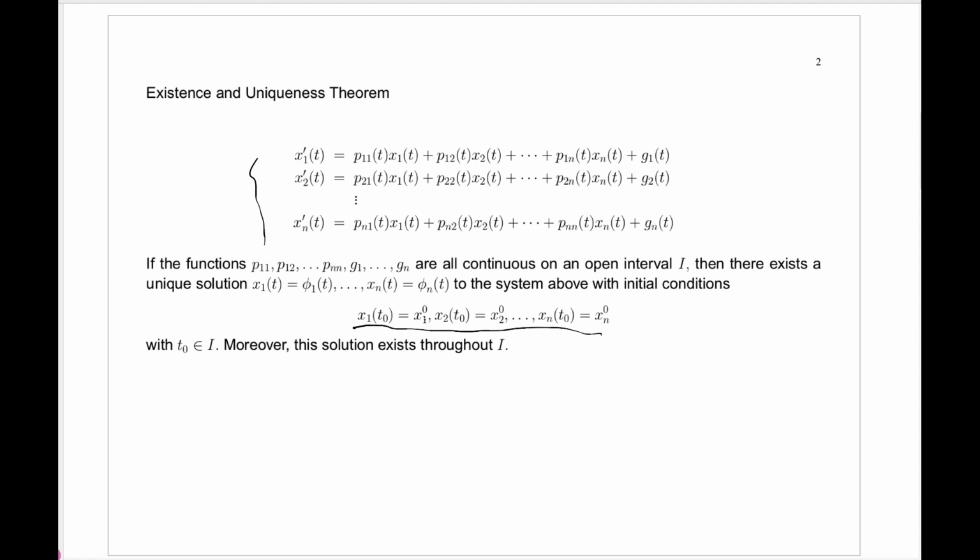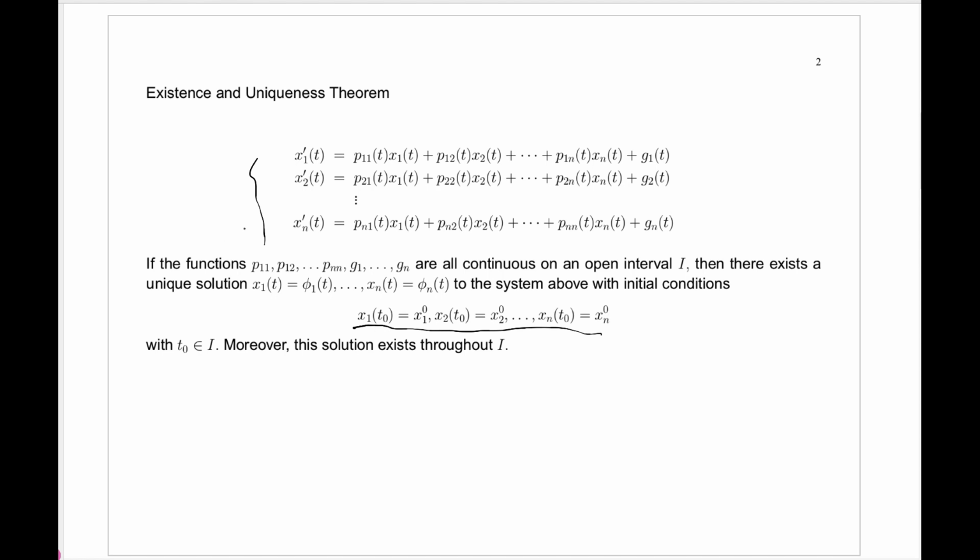So this is a very awkward notation, but the book uses this because we need some other place to put an extra marker here. x1 of t0 is just x1 naught. The naught here will be in the superscript. This is just some arbitrary number. So this just specifies an initial value for x1, an initial value for x2, all the way up through an initial value for xn.